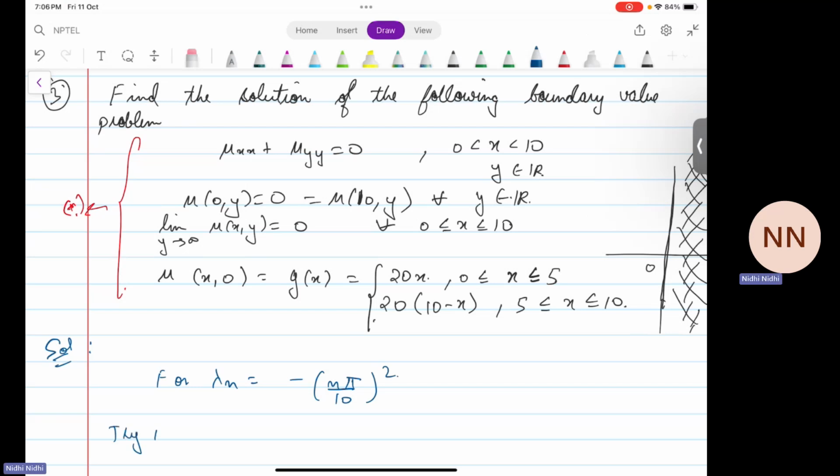Try to get X_n(x) equal to sine(n pi by 10 x). I want you to solve this yourself. I'll give you 10 to 15 minutes. After that, we'll see how to tackle this problem of limit y tending to infinity and other things.